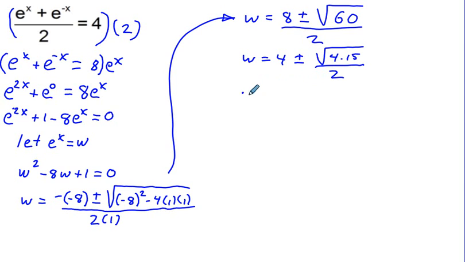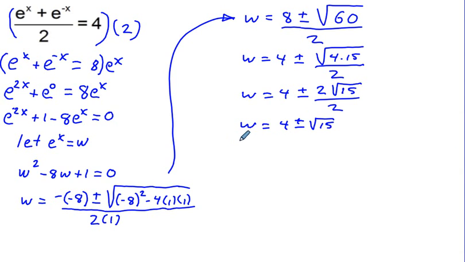What we can do is take that 4 outside, because outside the radical 4 becomes 2, so we have 2 times square root of 15 over 2. So what we have left is w is equal to 4 plus or minus square root of 15.